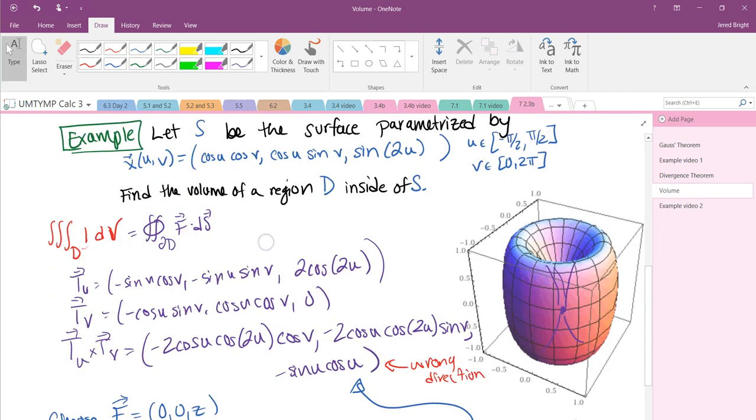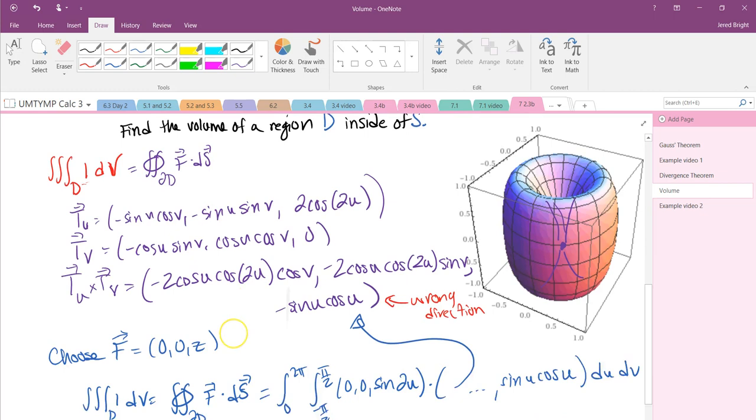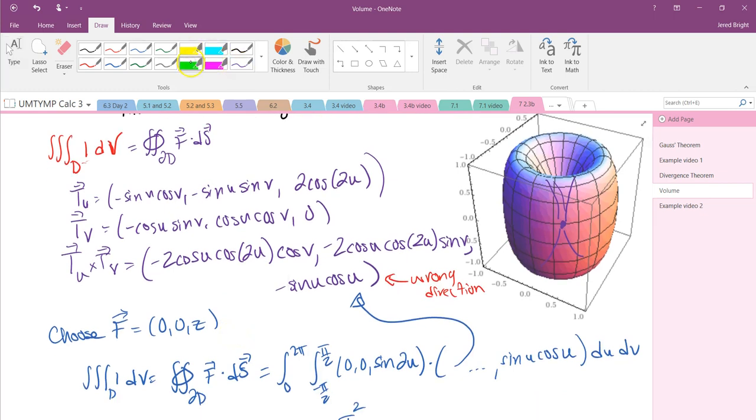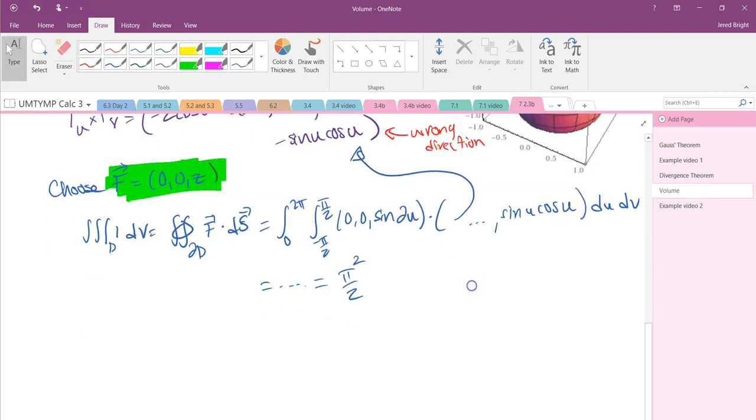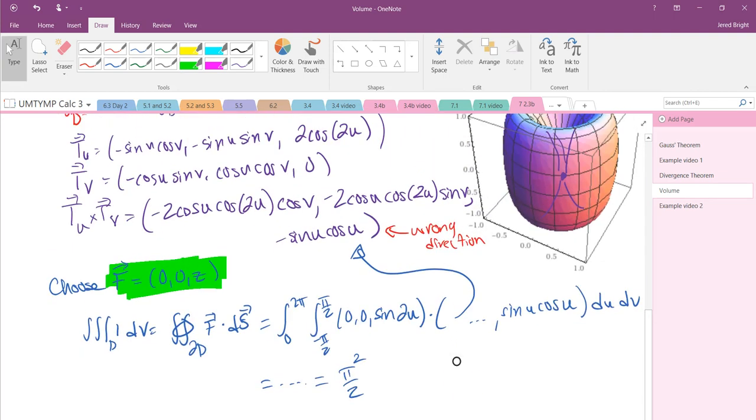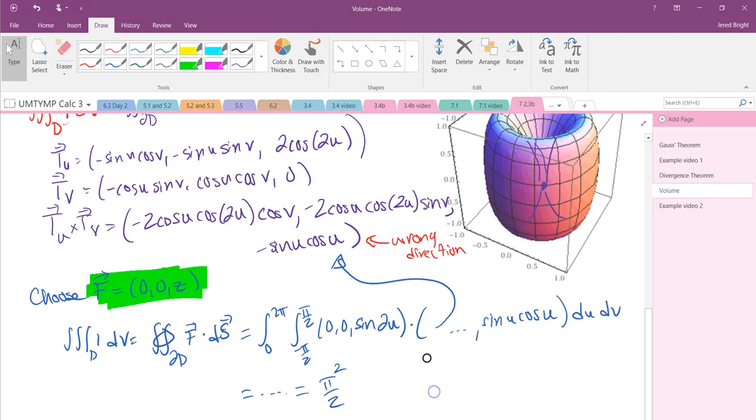Going through the algebra, the key step was that we had to choose F in a convenient way such that the divergence of F was 1. We could have chosen different ones; this one happened to make our life easy. So that's maybe a useful strategy as we're working through group work and as you're working through the test.